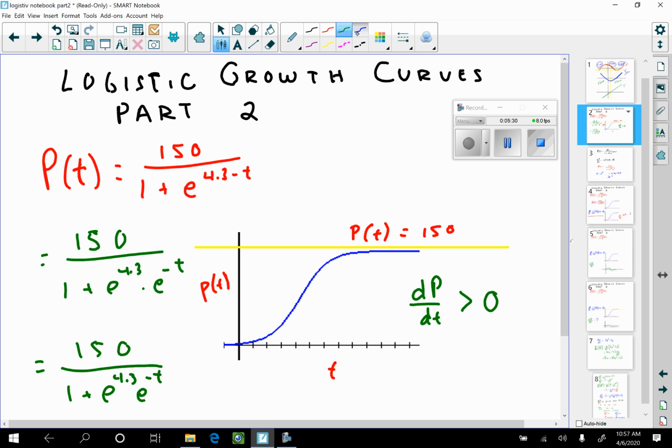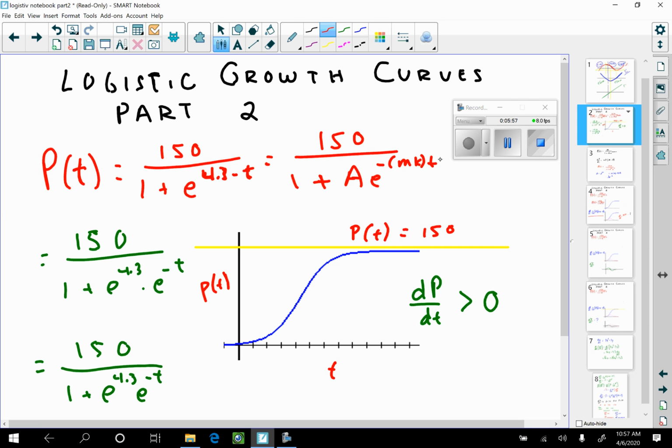And so what I want to do first and foremost is a few quick algebra steps. I want to turn this e to the 4.3 minus t into something that looks like 1 plus a e to the negative kt, and that was given in our video yesterday.